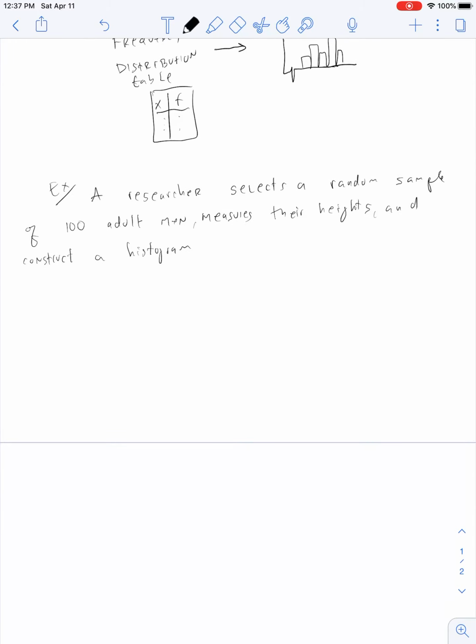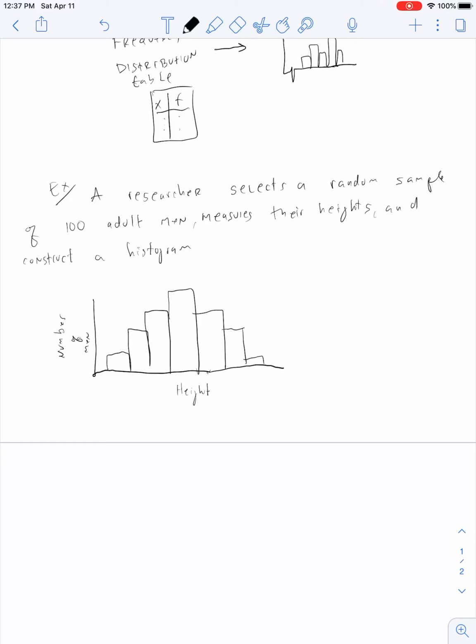So maybe it could look something like this, where this refers to the height, and this is the number of men.